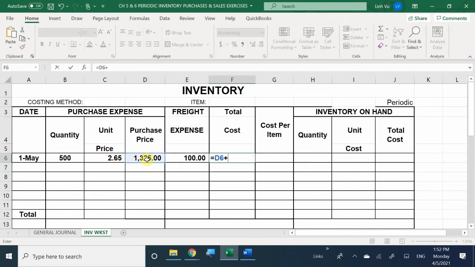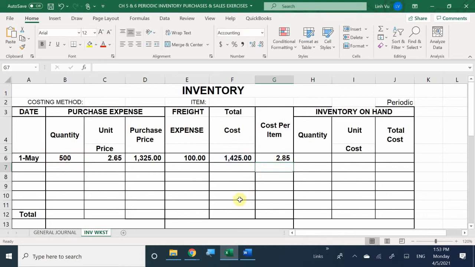Good. And total? $1,425. And then cost per item is $2.85. Good. $2.85. So that means any time I sell an item, it's going to cost me $2.85.